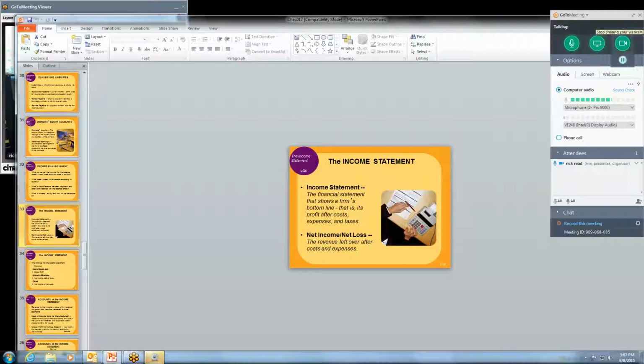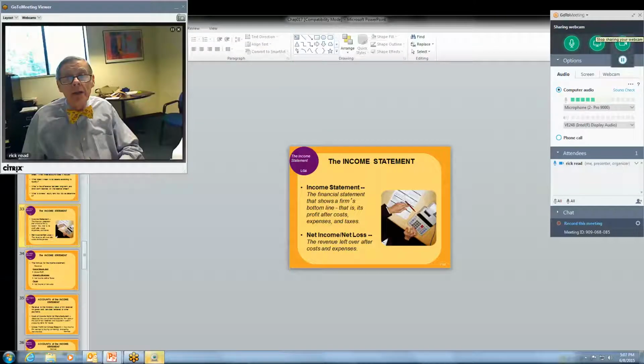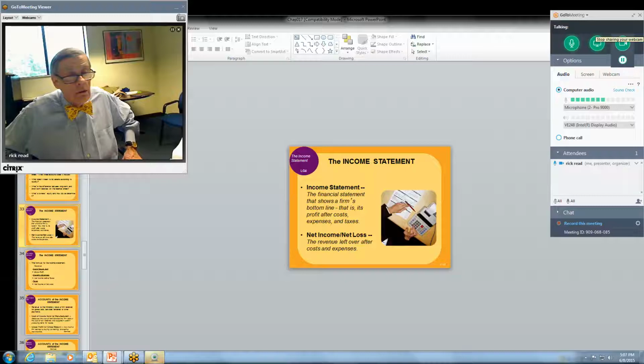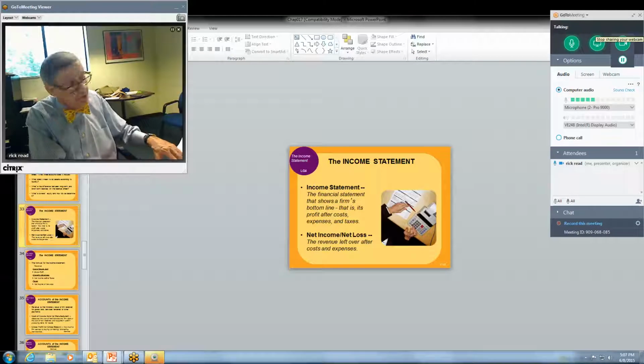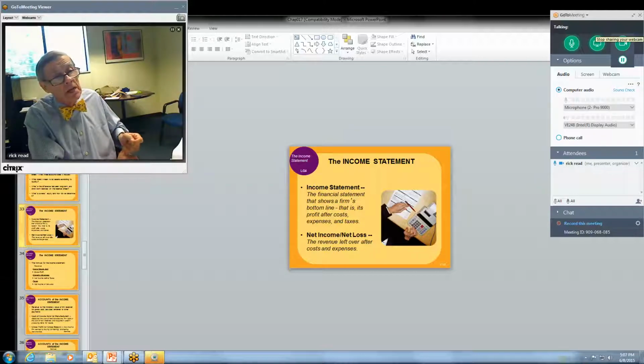Now we talk about the income statement. Right there at the top bullet of the slide, it is where we stand. Bottom line, profit, loss, break even, whatever it happens to be.